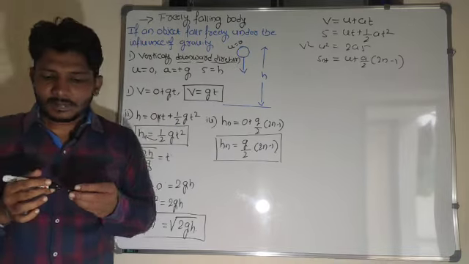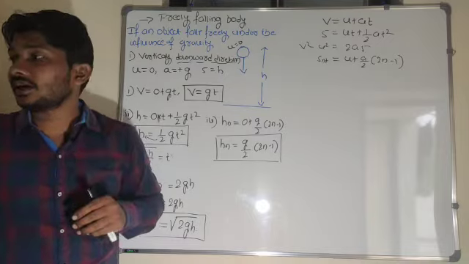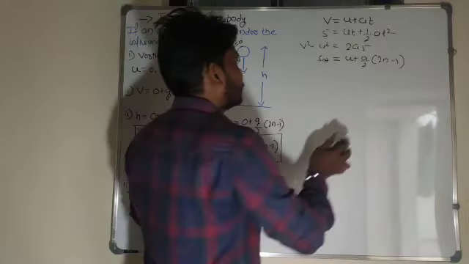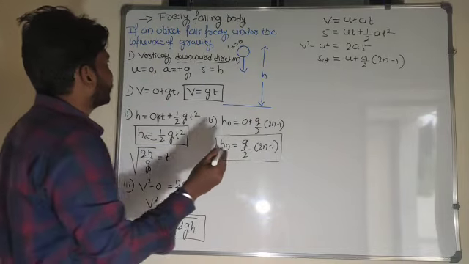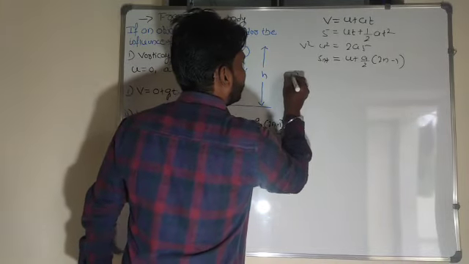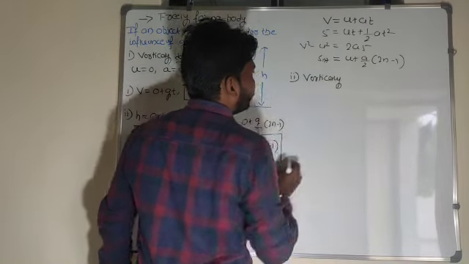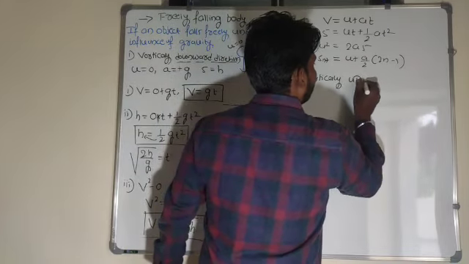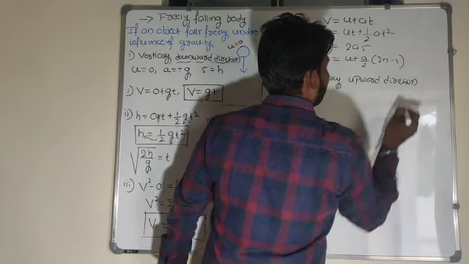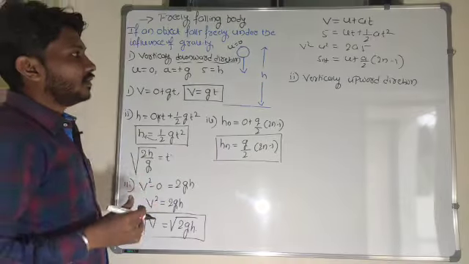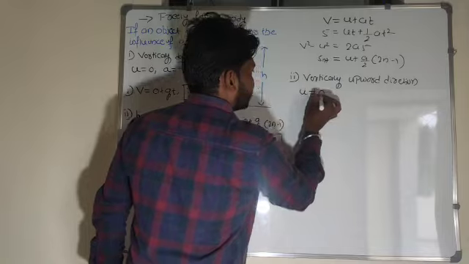Now I will consider that the object moves in a vertically upward direction. Then what will be the kinematic equations I need to find out here? For the vertically upward direction, initial velocity is not 0.